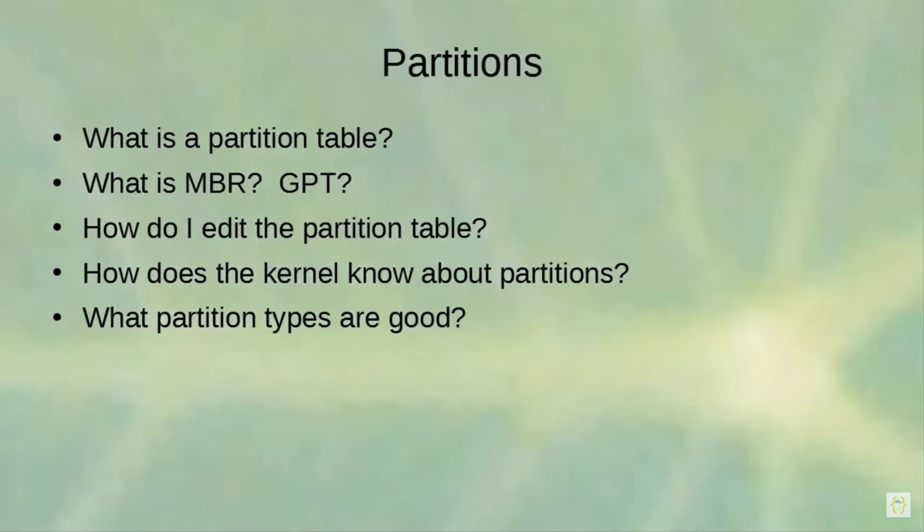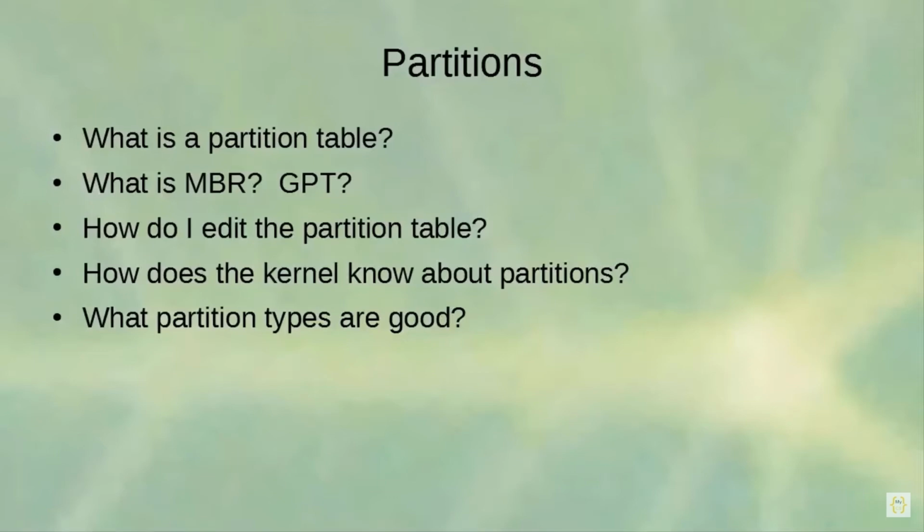So then how do you edit the partition table? Well, you can use the fdisk command to edit it. Once you edit the partition table, you write it out, and it writes to either the MBR or the GPT, and that information is stored there. But the kernel doesn't know about it unless it goes back in and rereads that information.